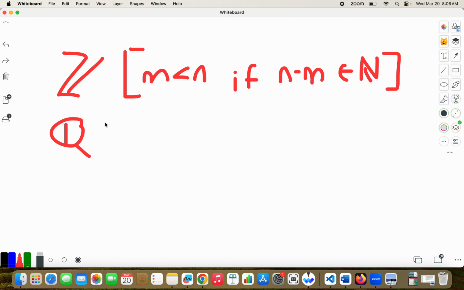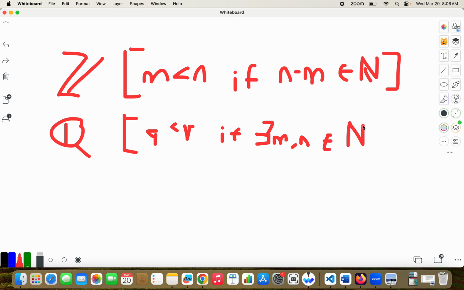Q is less than R if there exists an m and n such that R minus Q equals m divided by n.